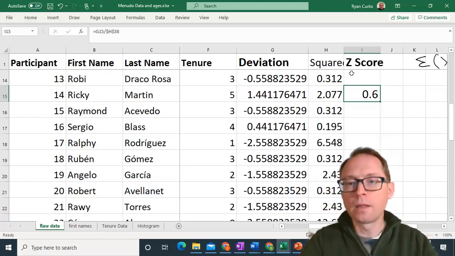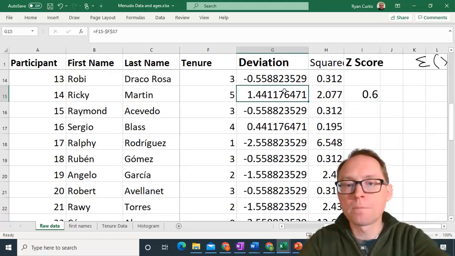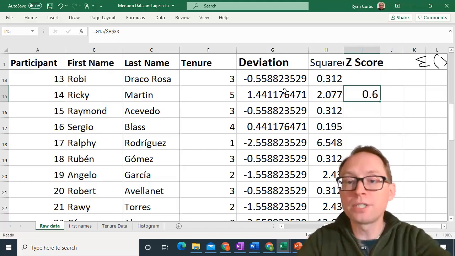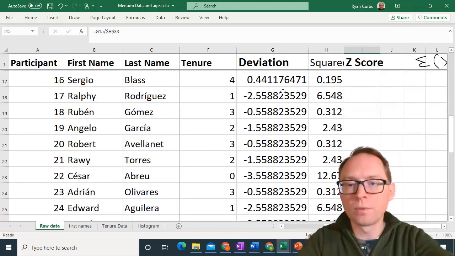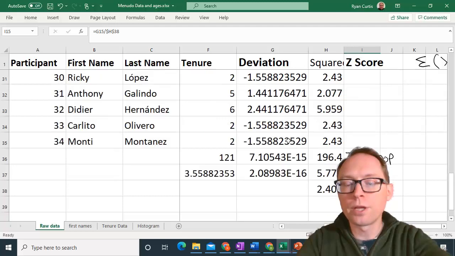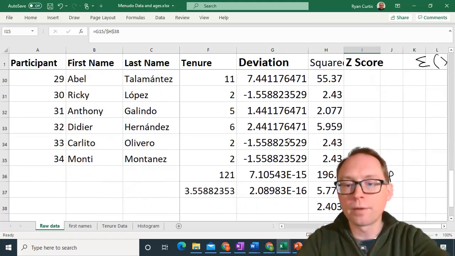His deviation, where we said he's 1.44 years above the mean, if we look at that in standard deviations, is 0.6 standard deviations above the mean. It's 60% of 2.403 years. All right, 1.44 is 60% of 2.40.